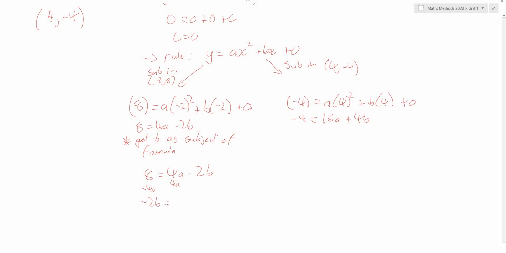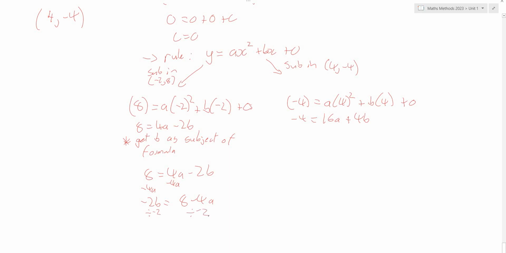This is the biggest mistake people make in these kind of things, guys. They forget the minus attached to the b. Equals 8 minus 4a. Is b the subject of the formula? Not yet. Still got that negative 2. So I'm going to divide by negative 2.